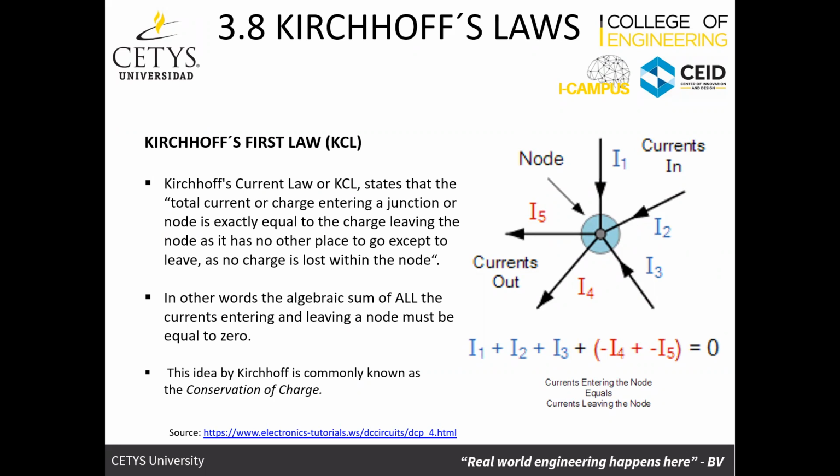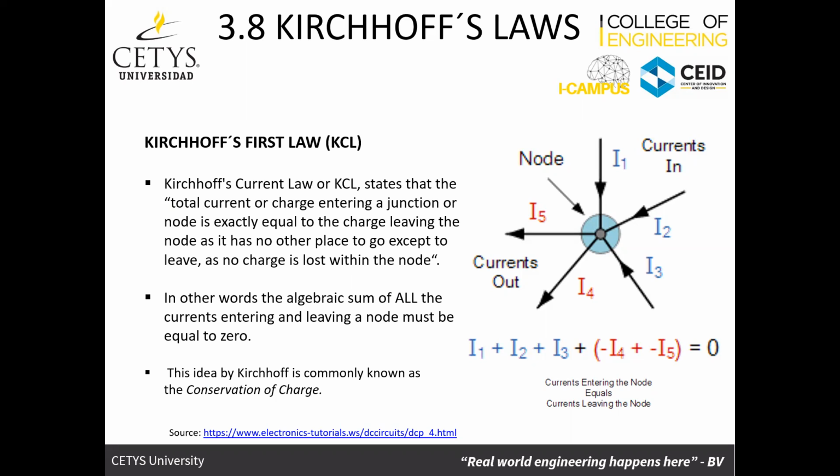Kirchhoff's first law, or Kirchhoff's current law, KCL, says that if I have a node with currents going into the node, the sum of the currents going in has to be equal to the sum of the currents going out. That makes sense, right? Anything that goes in has to go out.